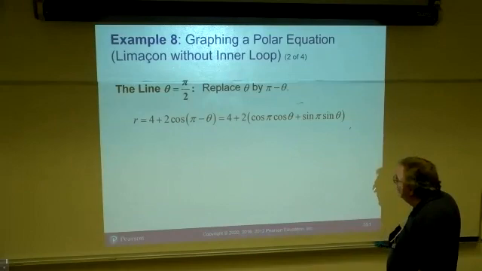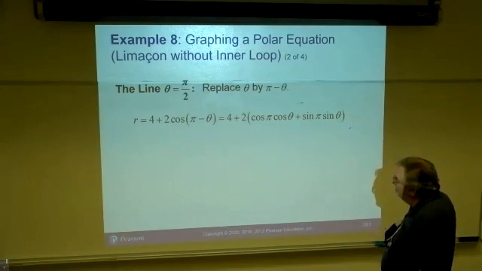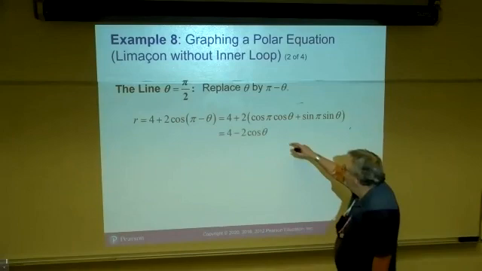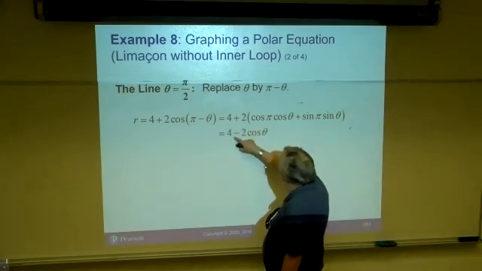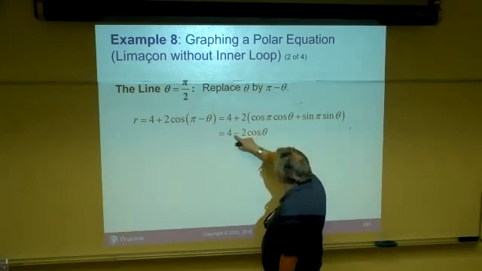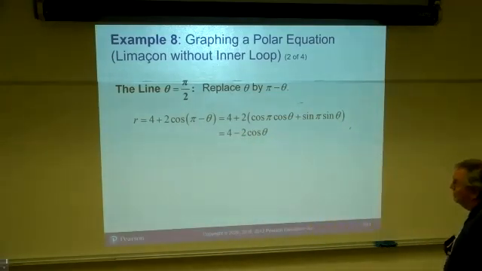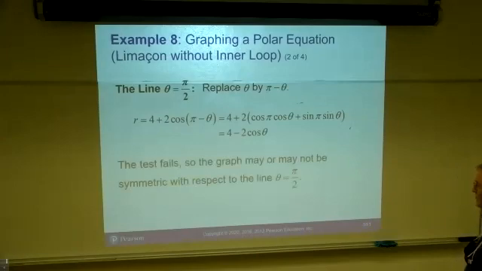And cosine of pi is 1 and sine of pi is 0. No, cosine of pi is negative 1. And this term drops away, so this becomes not the same formula. So it fails that test.